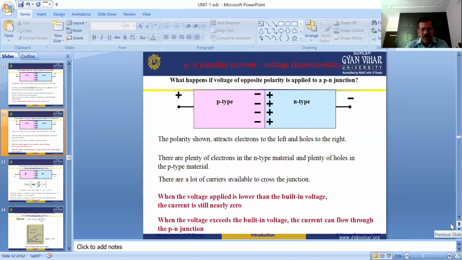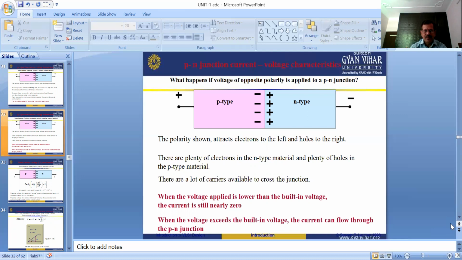So there are a lot of carriers available to cross the junction. But when the voltage applied is lower than the built-in voltage, the current is still nearly zero.